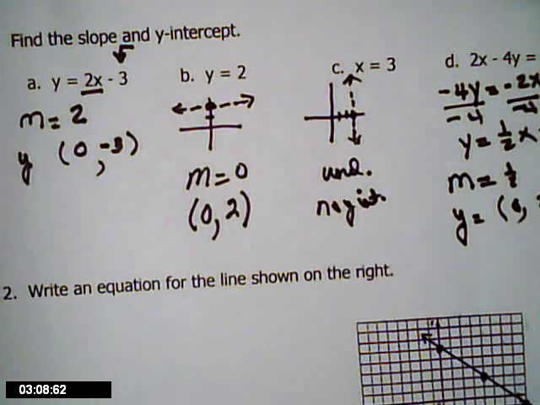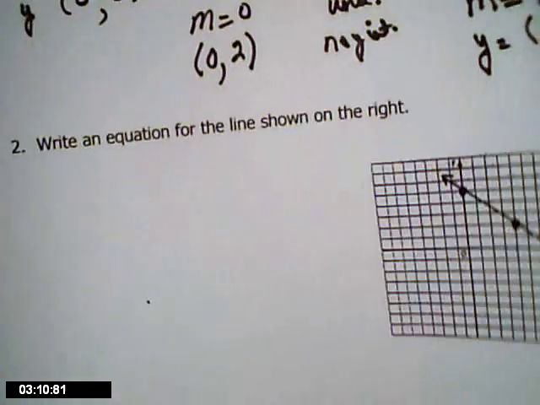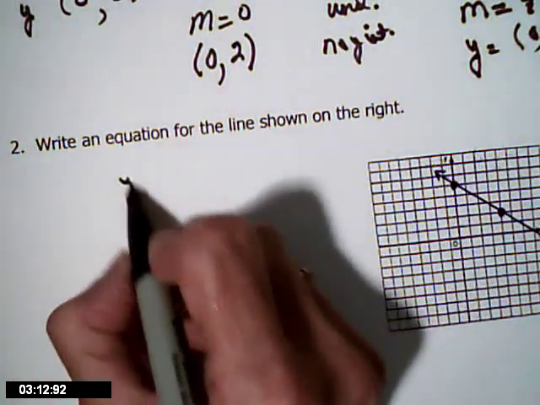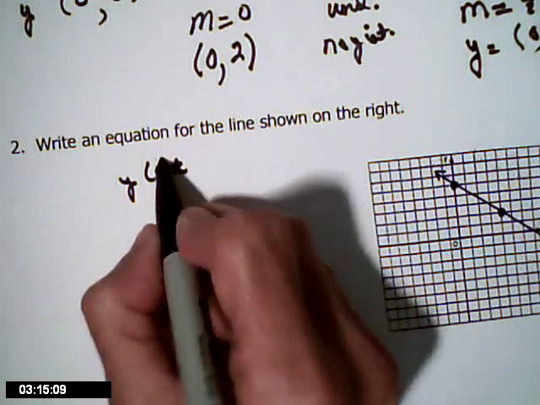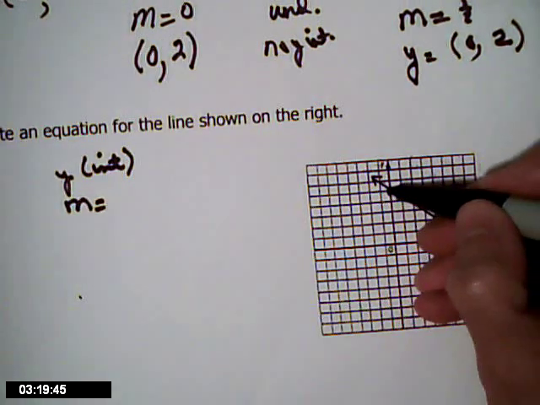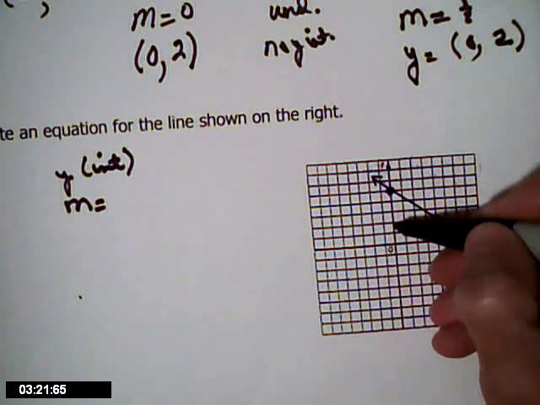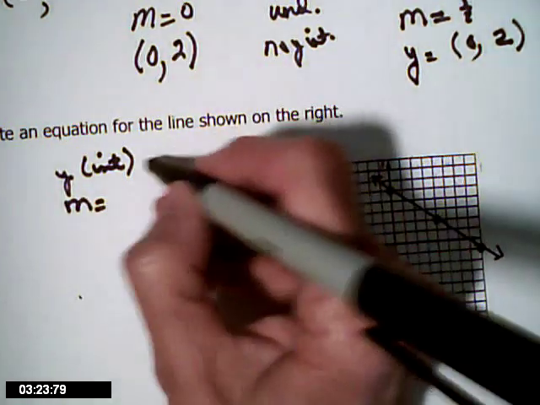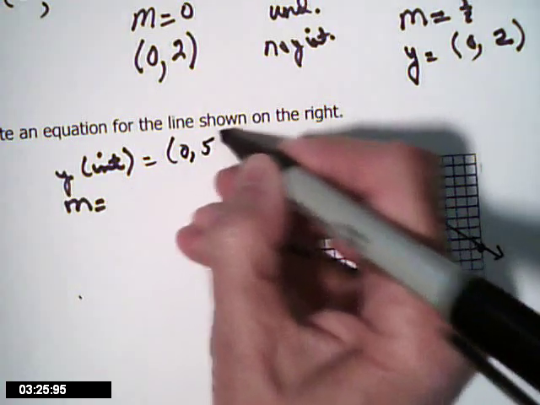Now if we want to write an equation for a line that's graphed, remember we would need the y-intercept and the slope. Well, the y-intercept is this point where the line crosses the y-axis, so that's 1, 2, 3, 4, 5. That's 0, 5.